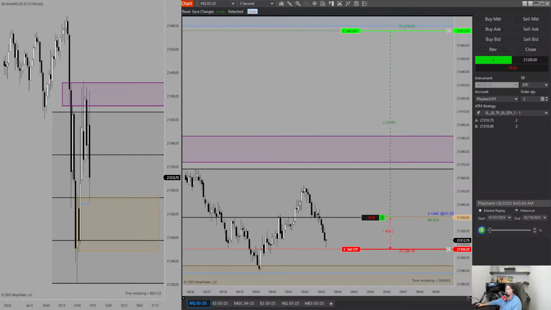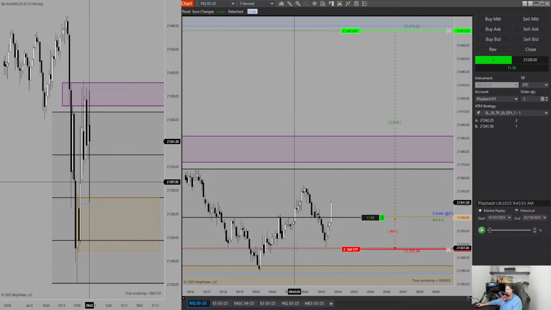GG's. Was it a good stop loss placement? Too early to tell, was it? All right, so that was the kiss of death. But pretty good stop loss placement, I suppose, as of now.